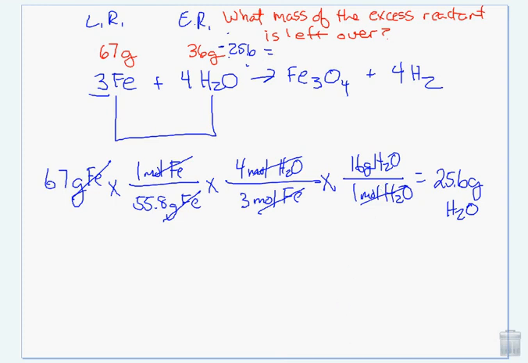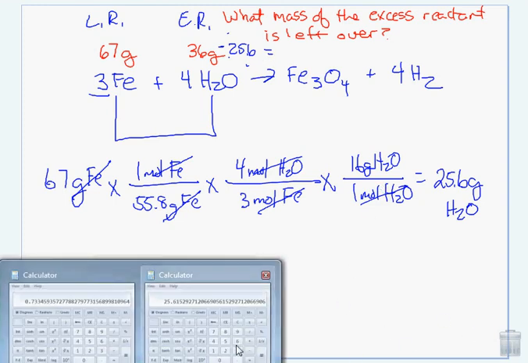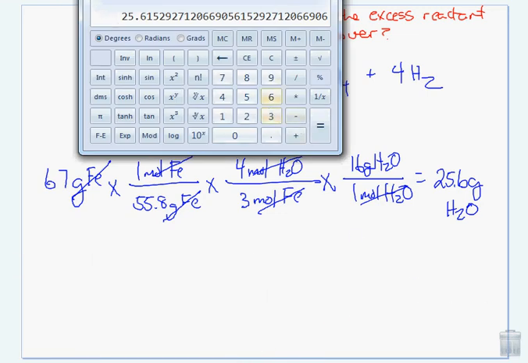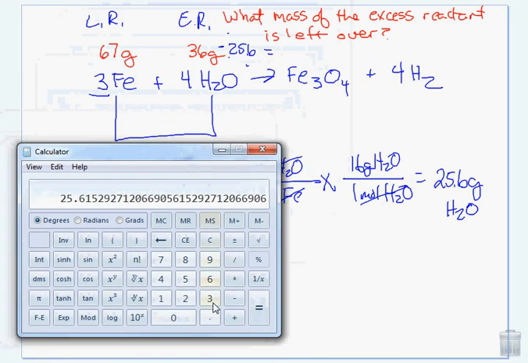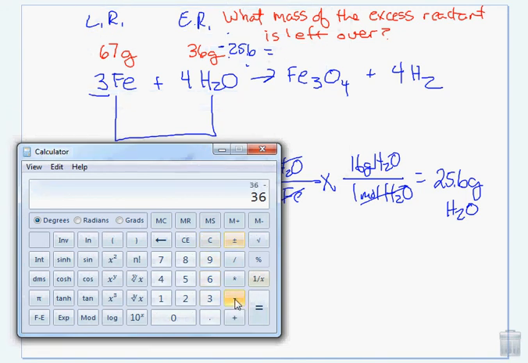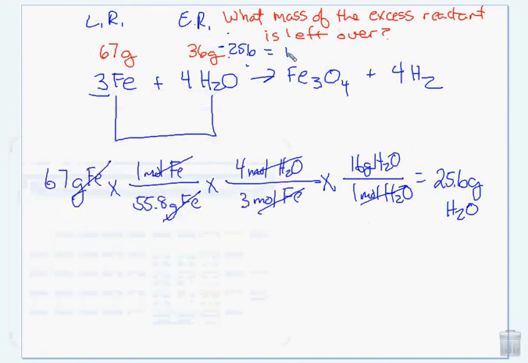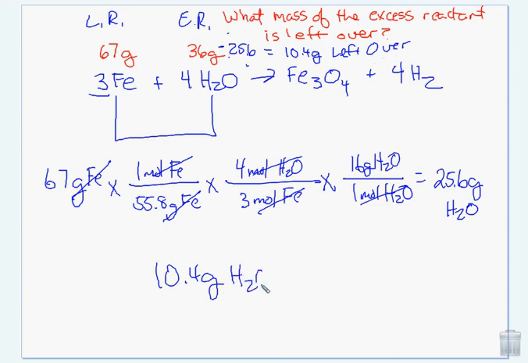So 36 minus 25.6, and I get 10.4 grams left over. 10.4 grams of my excess reactant, H2O, is left over. That's it.